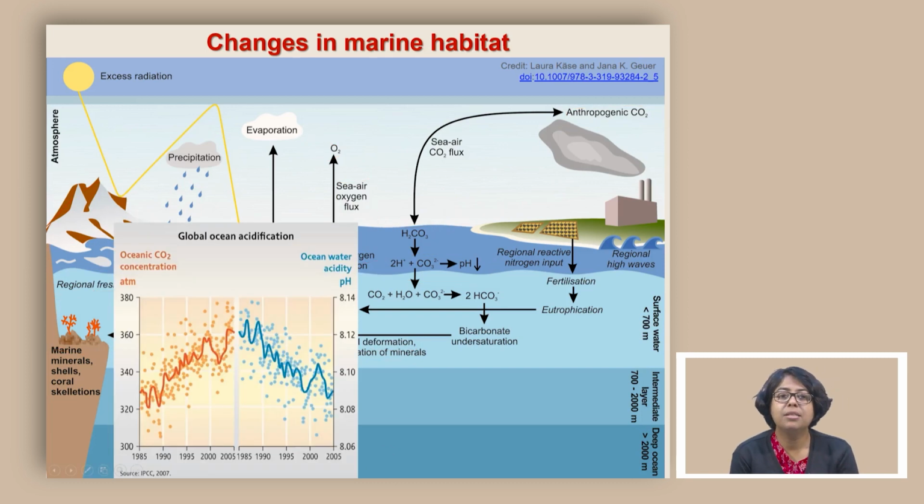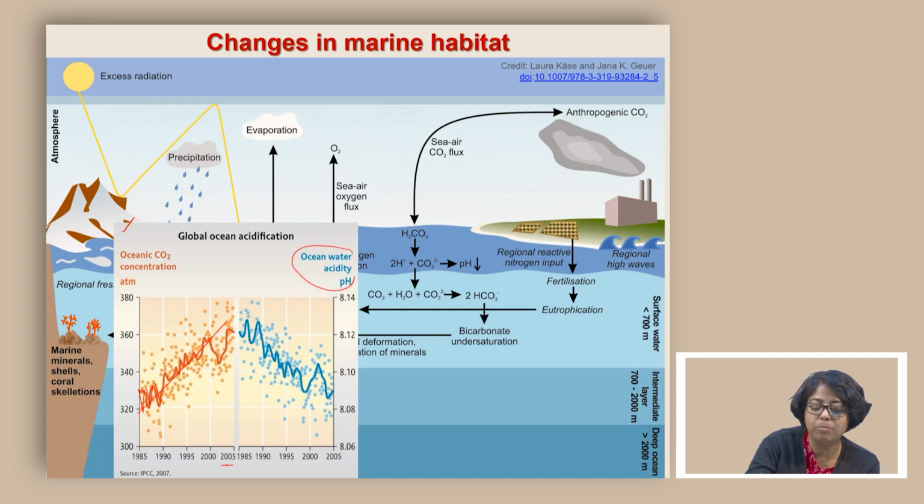If we look at this particular plot, it shows the change in the oceanic carbon dioxide concentration, and from 1985 to 2005 there is a steady increase with some fluctuation. As a result, if you plot it in terms of ocean water acidity or pH, it significantly goes down.